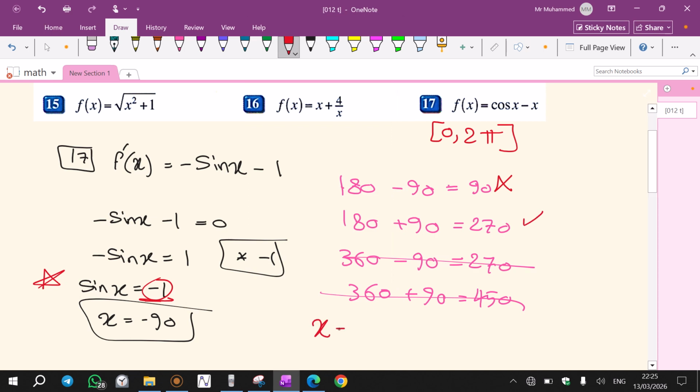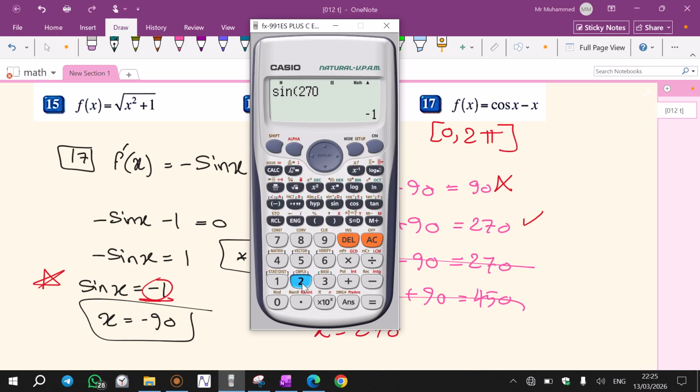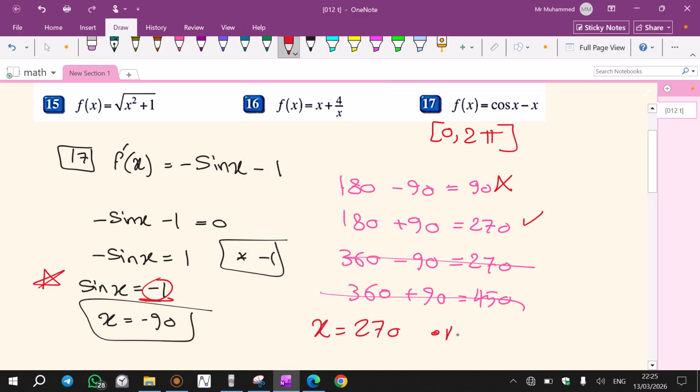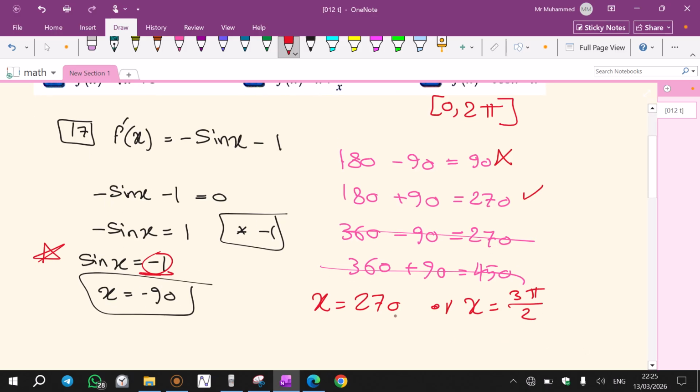So x equals 270, or if we write it in terms of pi, 270 divided by 180 as a fraction is 3 over 2, that is 3 pi over 2. For calculation we use the 270.